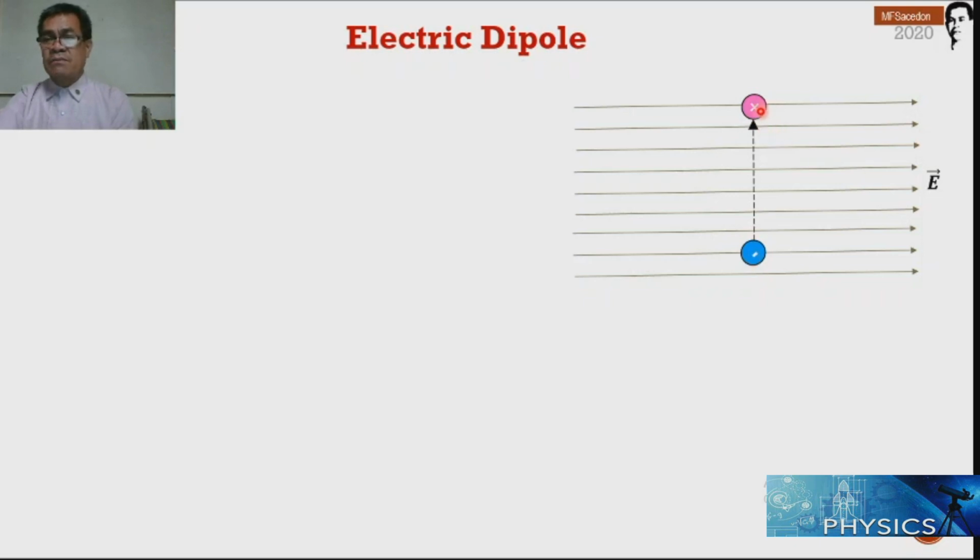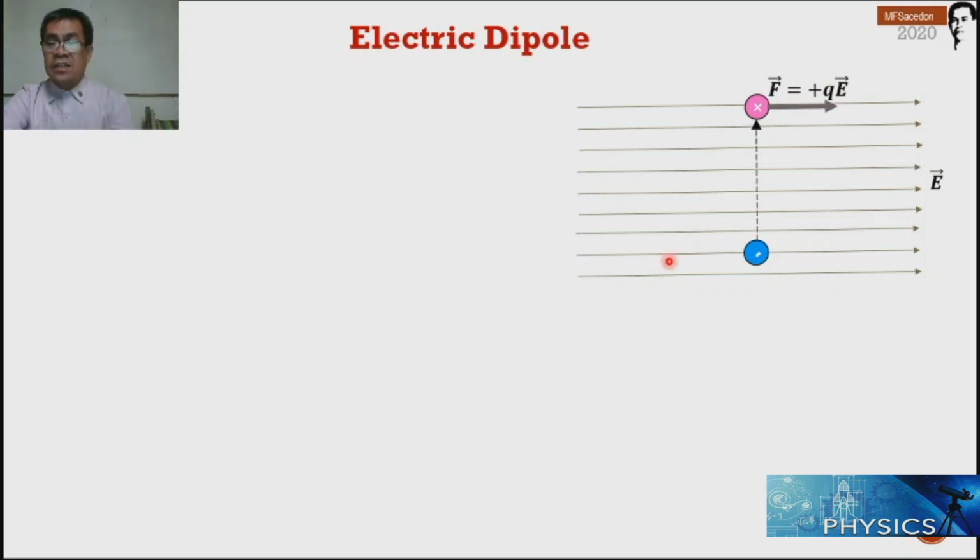Now notice that the force on the positive charge is towards the electric field. On the negative charge, the force is opposite to the electric field. The dipole moment is pointing from negative towards the positive, so the angle between them is 90.